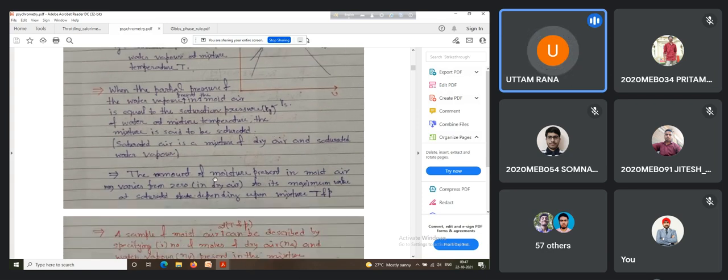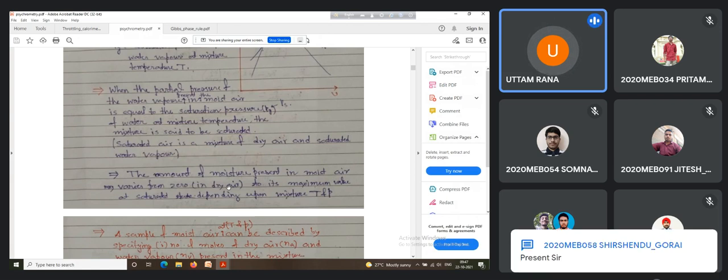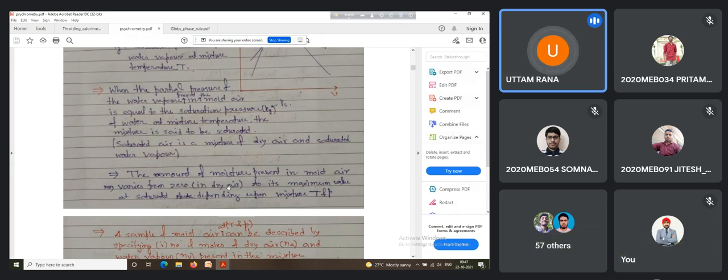Now, the amount of moisture present in moist air may vary from 0 in case of dry air, to its maximum value at the saturation state. So if we fix a temperature and pressure, what is the minimum value a mixture may contain? It is 0. There is no water vapor. That is pure dry air.